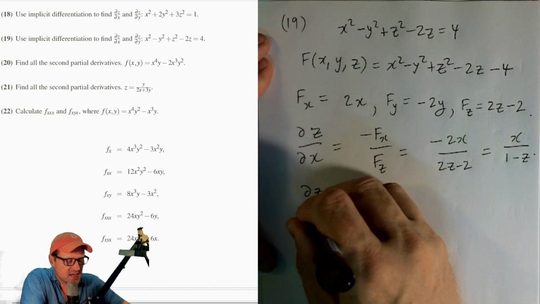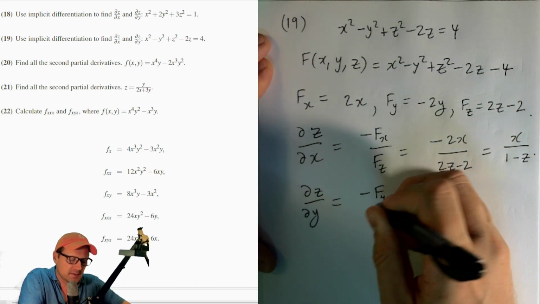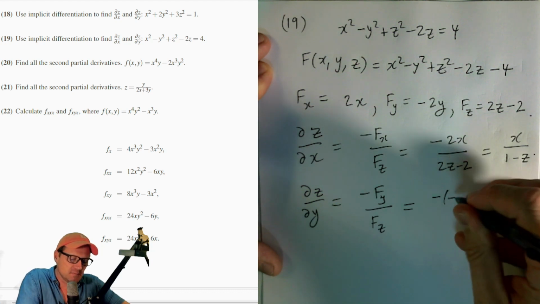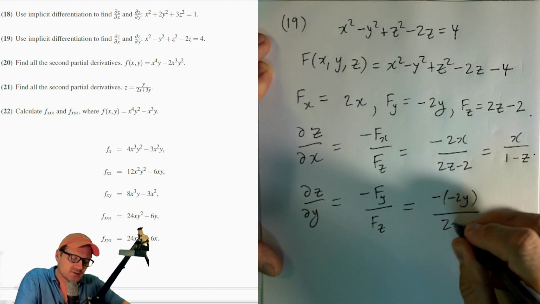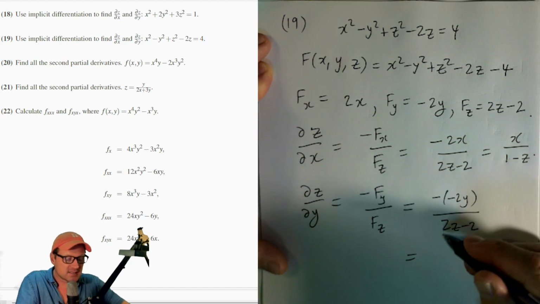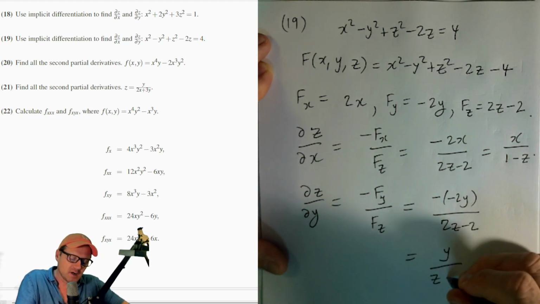The derivative of z with respect to y partially is minus f subscript y over f subscript z, so we have minus 2y over 2z minus 2. Canceling the common 2s, we have y over z minus 1.